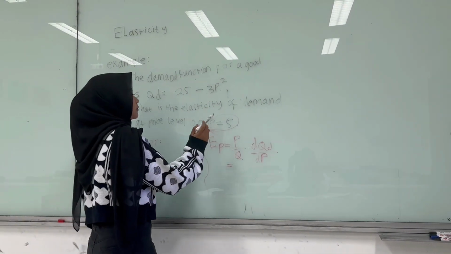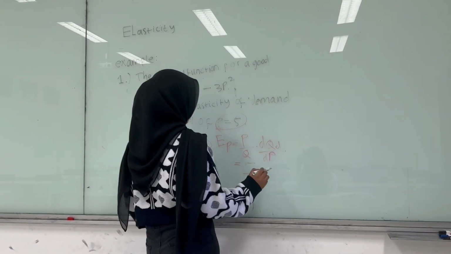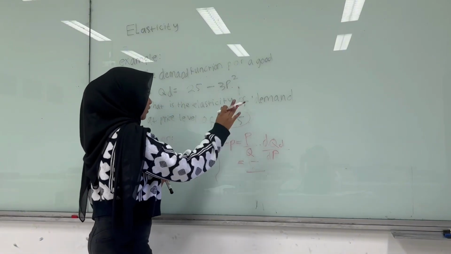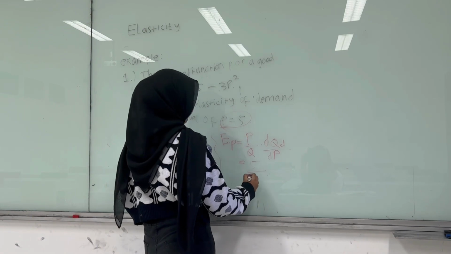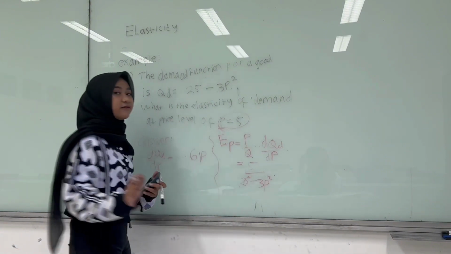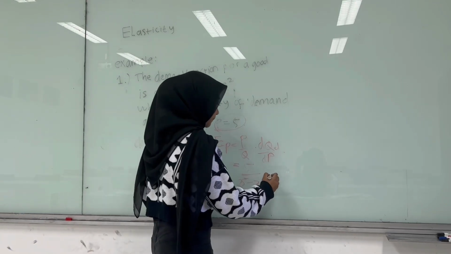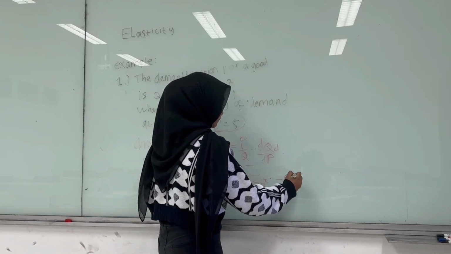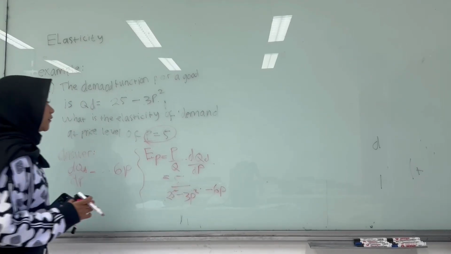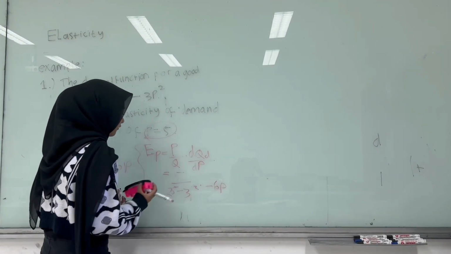We put the 5 in this formula: 5 per Q, where Q is 25 minus 3p², times the first derivative of Q, which is minus 6p. We know that p is 5, so we replace p with 5.